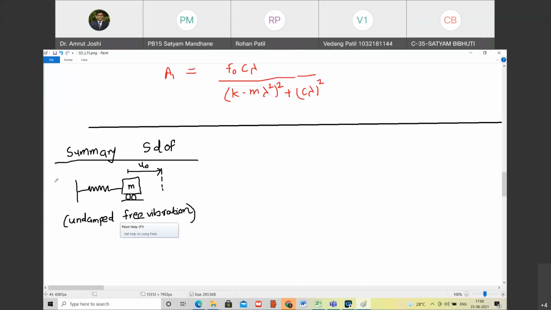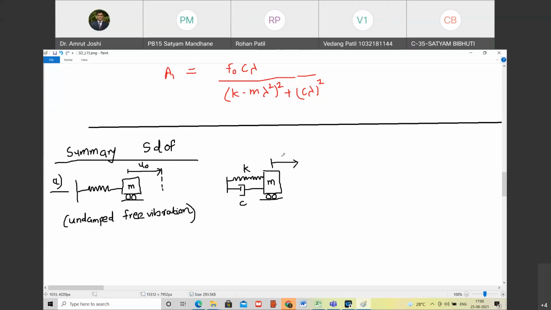So this type of vibration, this is the class of problem that we solved first, and we called it undamped free vibration, followed by damped free vibration. So we also talked about a system where you have M here, C here, K here.